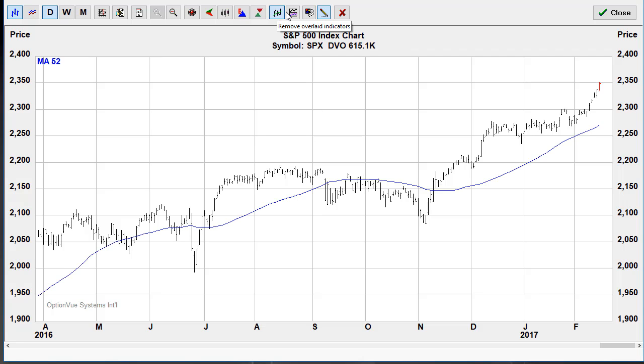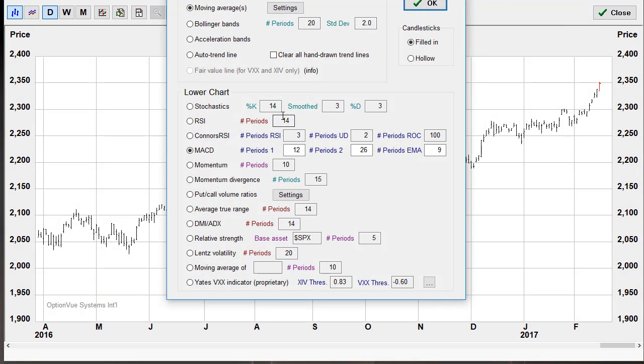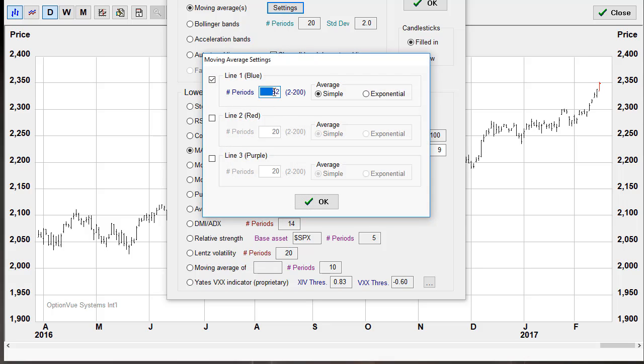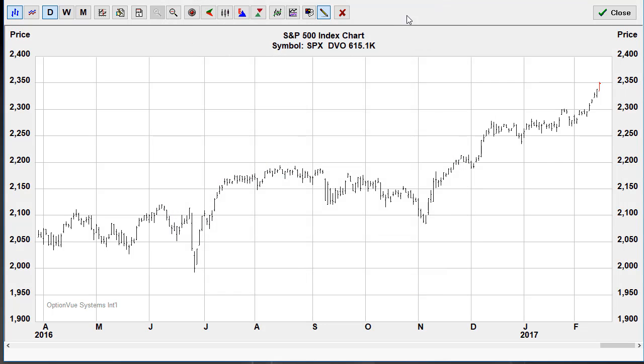Easiest way that I know of how to do this is, instead of a moving average of 52, let's do 200. So now this is a 200 moving average. You can see that down here it has this plot at 2169.08. That's the 200-day moving average, 2169.